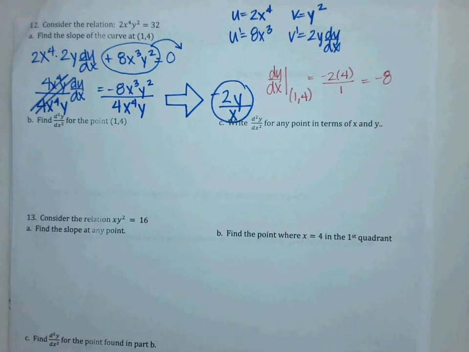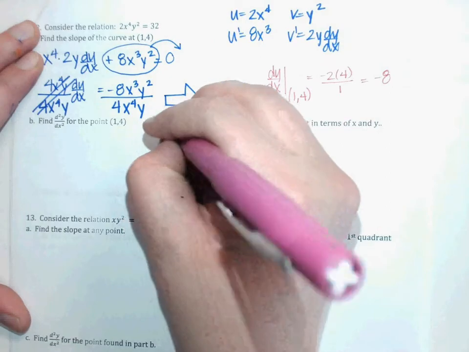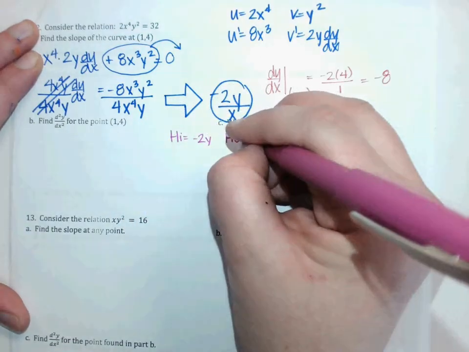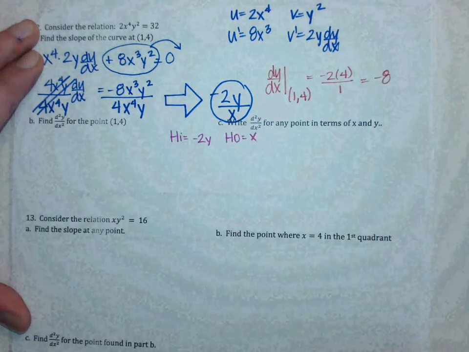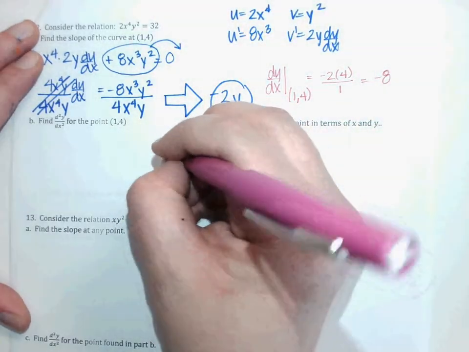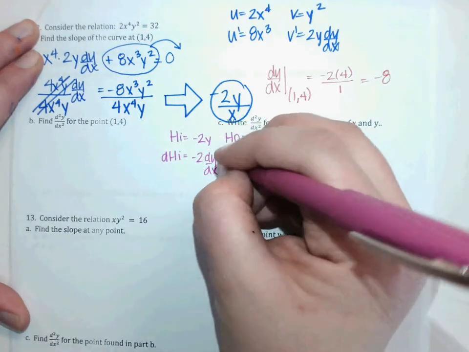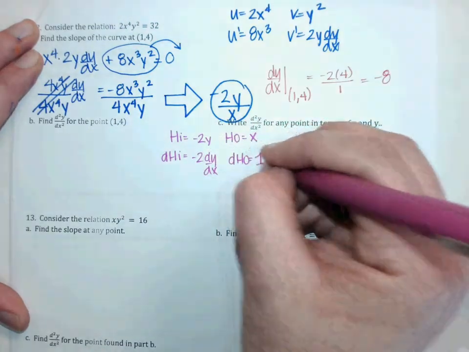Okay, now let's go to part B. So for the second derivative, I need to use quotient rule. What is the high? Negative 2y. What's the ho? x. What's d high? Good. What's d ho? 1.